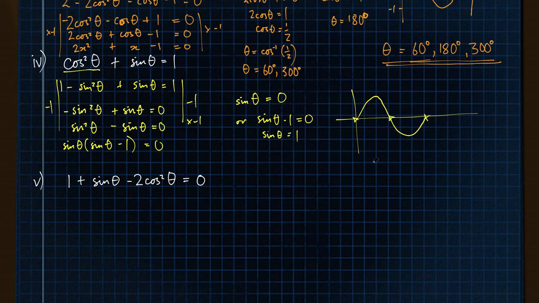That gives me 0 degrees, 180 degrees, 360 degrees. Sine theta equals 1 only happens once at 90 degrees. So in fact that's my whole solution there.